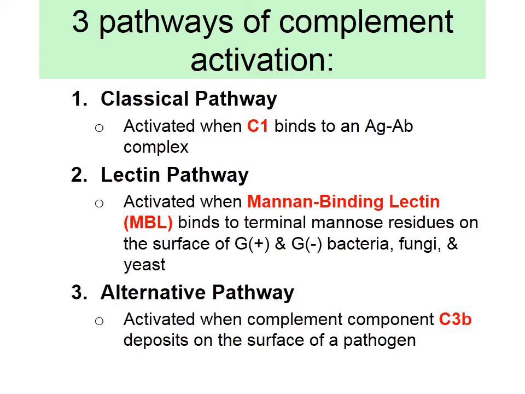Whereas the lectin pathway can only be activated when mannan-binding lectin, MBL, binds to terminal mannose residues on the surface of either gram-positive or gram-negative bacteria, or even fungi or yeast. That's the most important thing. The third is that in the alternative pathway, complement gets activated when component C3b is deposited on the surface of pathogens.